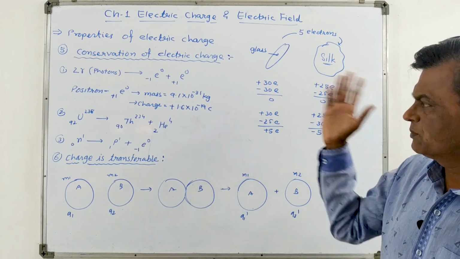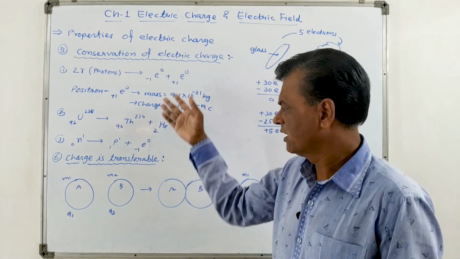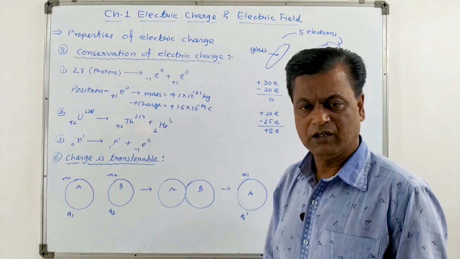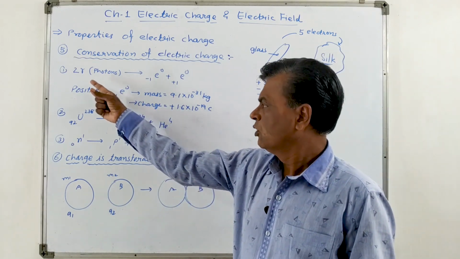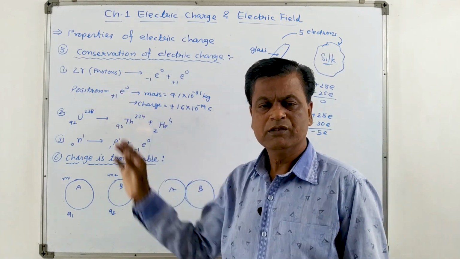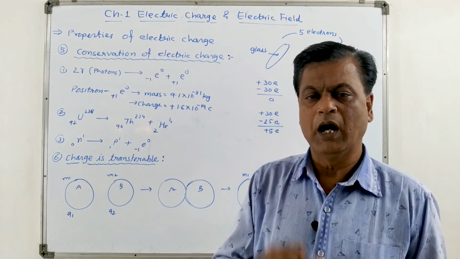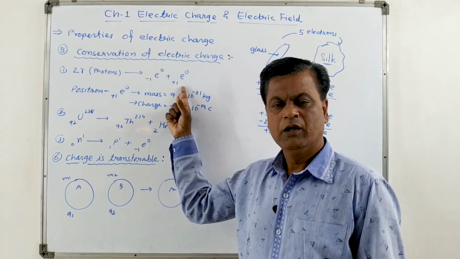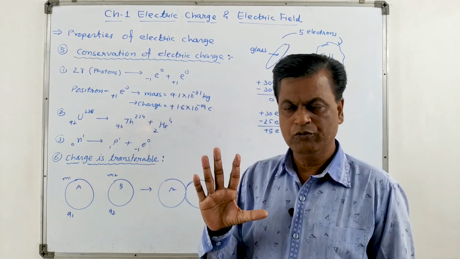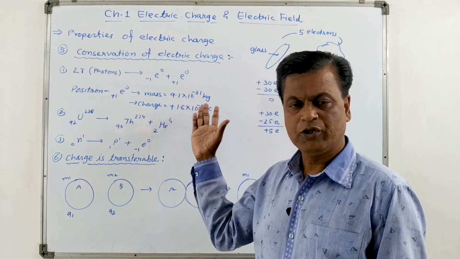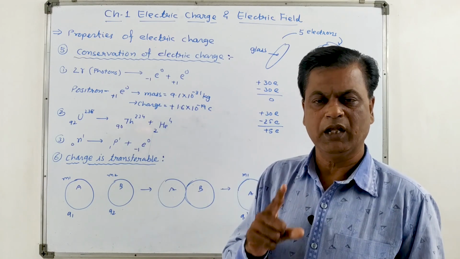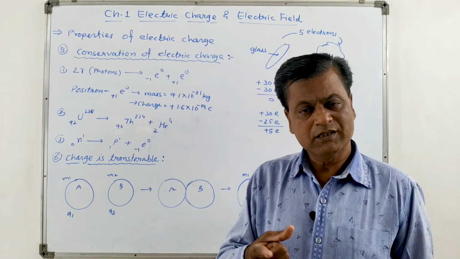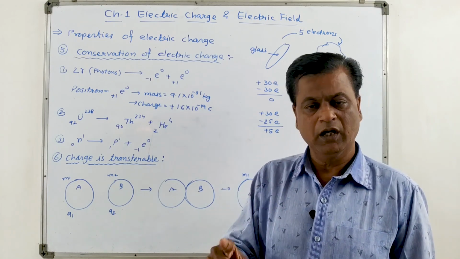Now to explain this fact, conservation of electric charge, here I have given three equations. In the first equation, 2 gamma photons, that is two photons of gamma rays, produce an electron and a positron. Now this positron is new for you. What is a positron? A positron is the antiparticle of the electron. Its mass and charge magnitude are the same as those of the electron.